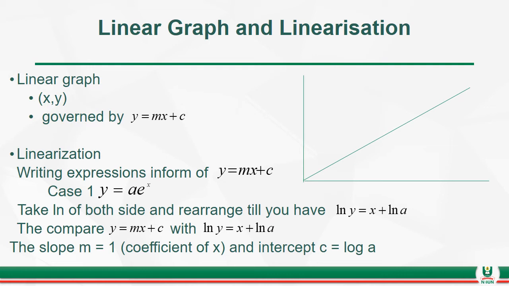If we rearrange that, we have ln y equals x plus ln a. And when we compare that with the equation of a straight line, the gradient or slope of the straight line graph is 1, which is the coefficient of x, and the intercept c is equal to ln a. So that is how we express a mathematical expression as the relationship between two variables governed by the equation of a straight line, as it could be plotted in a linear graph.